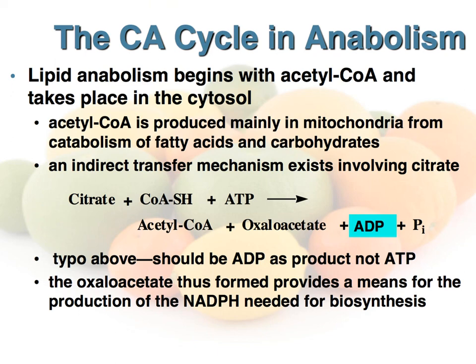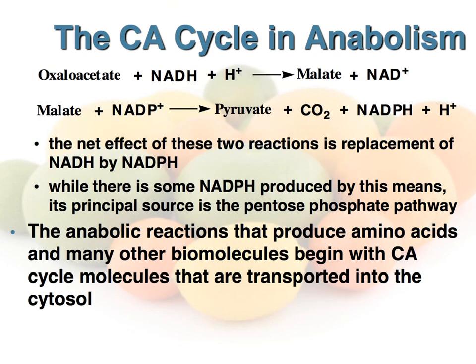We'll go into more detail later in the semester when we go over lipids. I just wanted to show you that it wasn't limited only to proteins and carbohydrates. This is also another way that you can effectively get NADPH. Remember we also talked about the pentose phosphate pathway. This is like a backup to get NADPH.